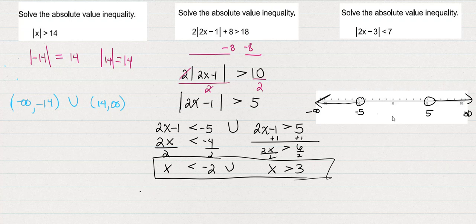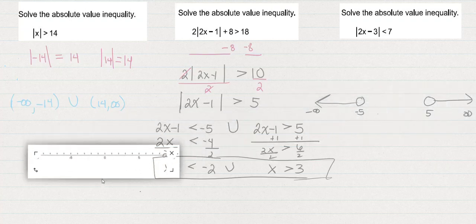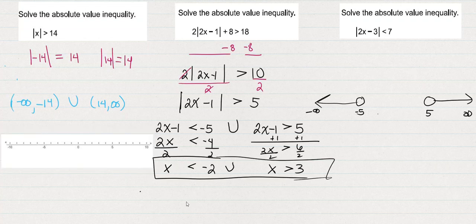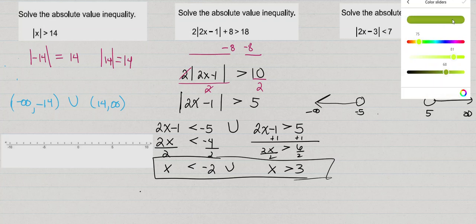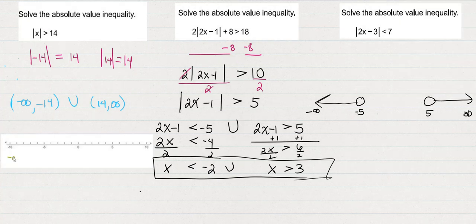So if I put that on a number line, and the reason I go back to this number line is that if you are trying to put this in interval notation, you could see that we'd start at negative infinity and go up to negative 2. And we're going to exclude that negative 2 because this inequality wasn't an or equal to.